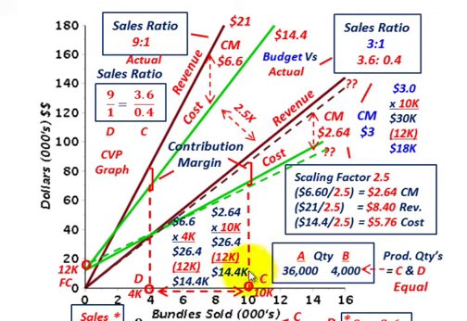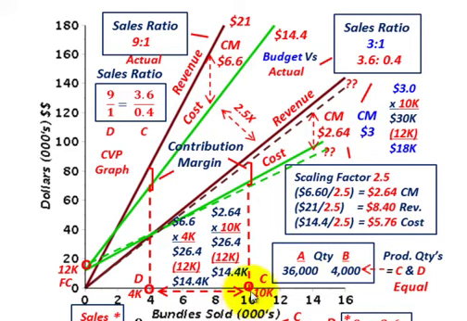And the other point is, for both the 4,000 bundles and the 10,000 bundles, we have the same quantity sold, and we'll look at that. For our quantity sold, for A we have 36,000 and B 4,000, a total of 40,000. It's just a matter of what was included in each of those bundles.